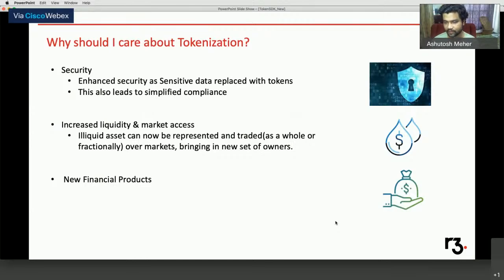So what can be done is, if that loan can itself be tokenized and traded in a secondary market, then basically you have actually created a secondary product out of that loan, and that is actually getting traded. People are buying it, and it also opens up a secondary market for the tokens to be traded. So that also in a way relates to the second one, which increases the market access as well.